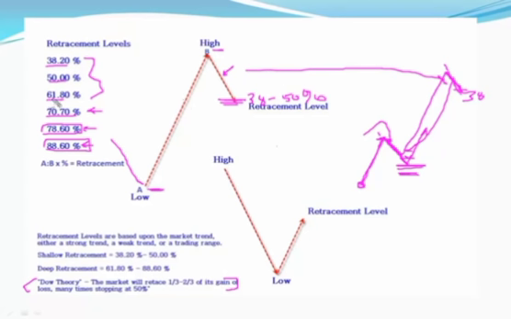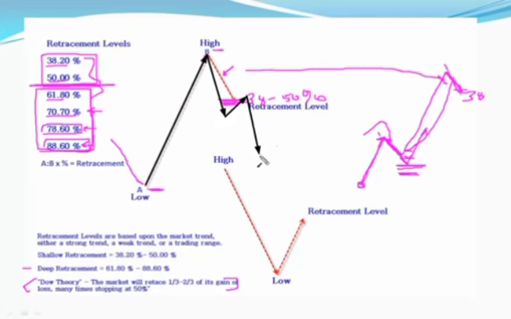So typically a 38 to 50% retracement right here is considered a shallow retracement, where a deeper retracement goes down 886 to 618 right here. So a shallow retracement is 38 to 50%, where a deeper retracement, you would have a rally and then maybe a little dip, and then it comes down this far before going up.